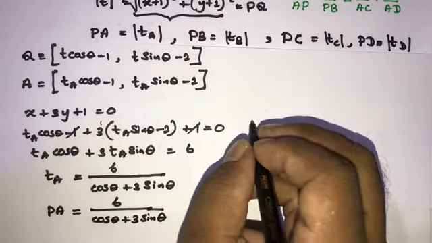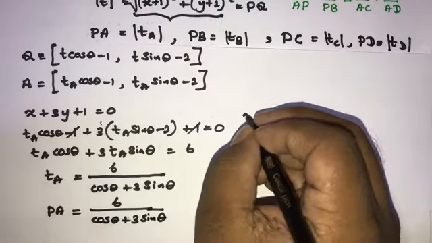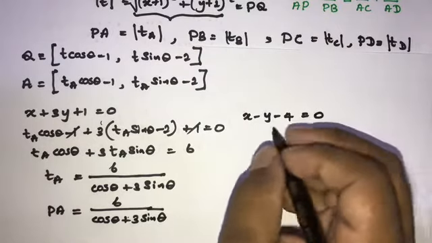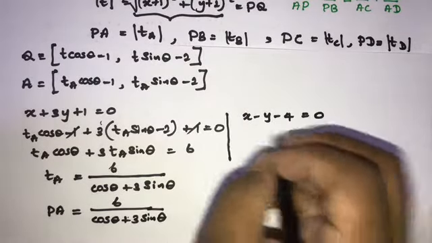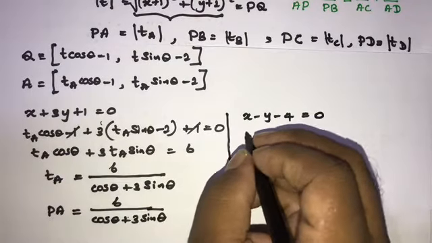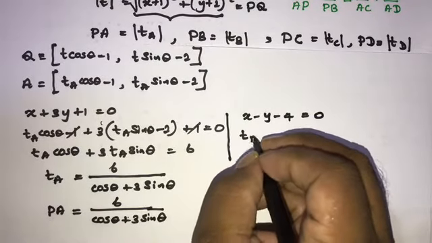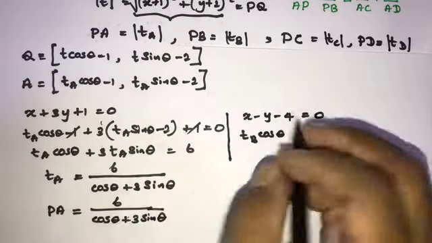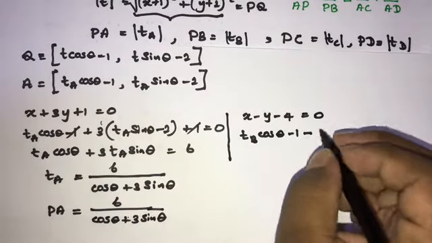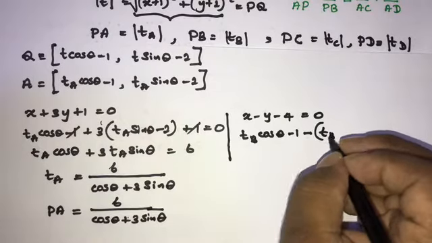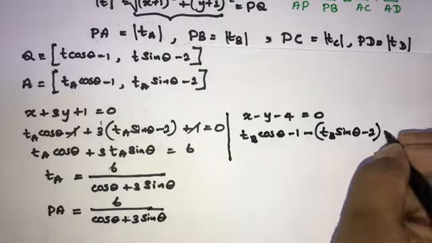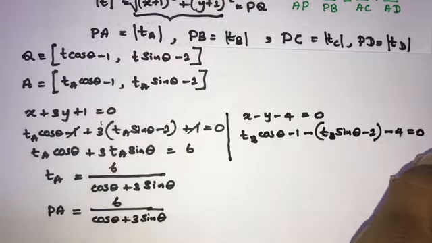Next, take the equation of the line x minus y minus 4 is equal to 0. We can write tB cosine of theta minus 1, minus (tB sine of theta minus 2), minus 4 is equal to 0.